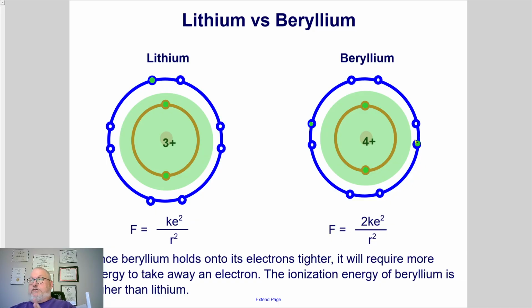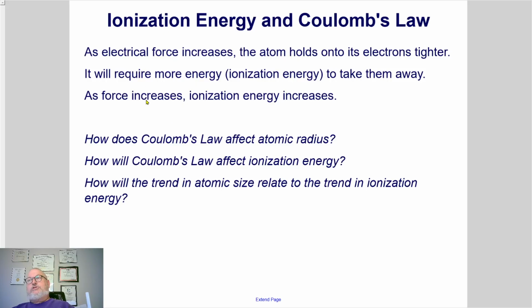Since it's holding it tighter, it's going to take more energy to take an electron away from beryllium. So as your electrical force, or Zeff, increases as we move across the periodic table, the atoms will hold those electrons tighter.